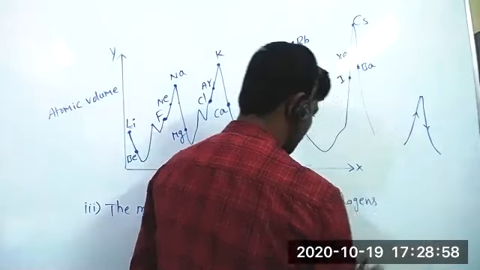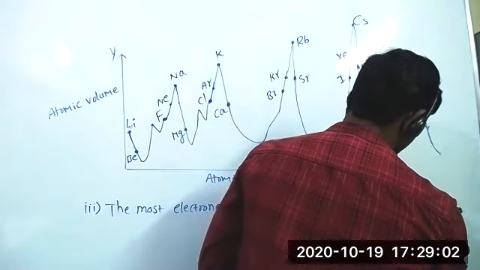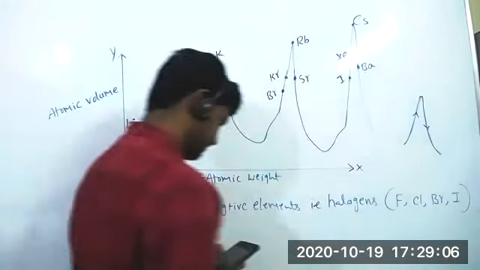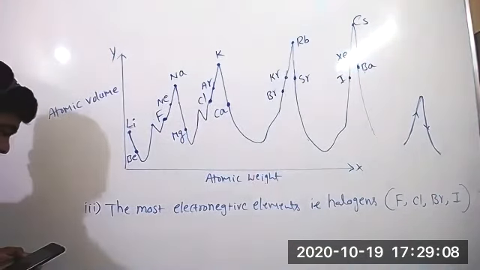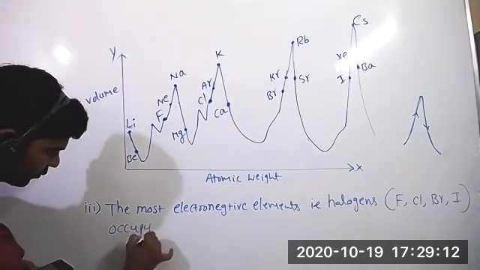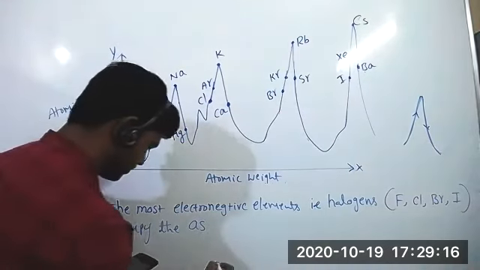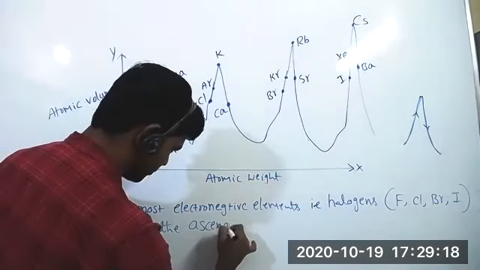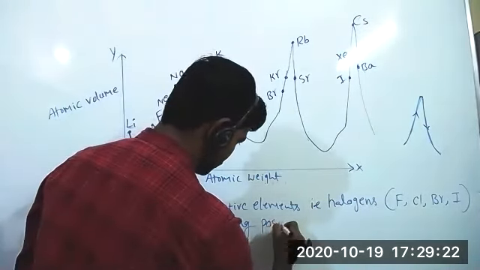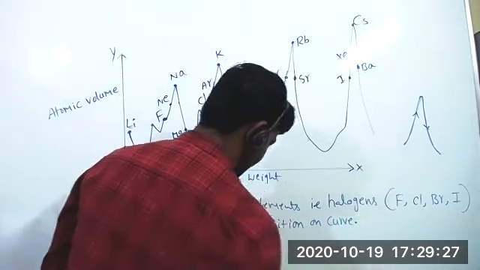Later you will get it. What is the meaning of halogen? Fluorine, chlorine, bromine, iodine. These are the most electronegative elements. They occupy the ascending position on the curve.